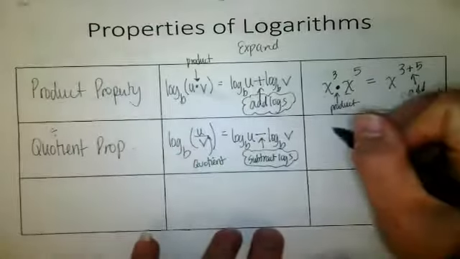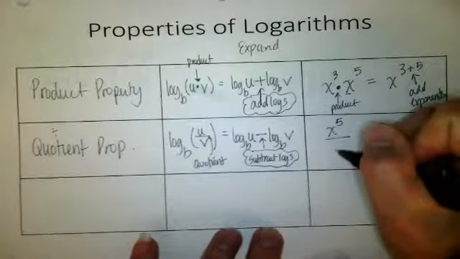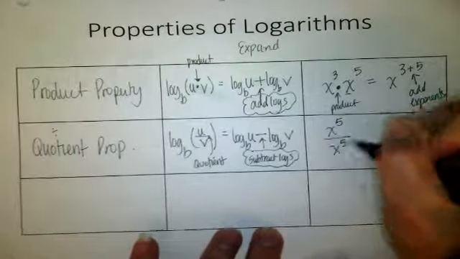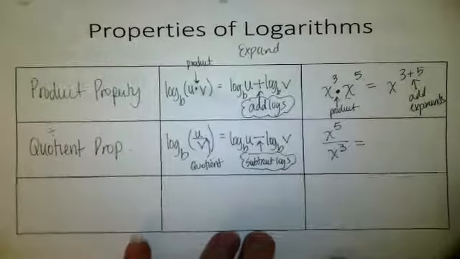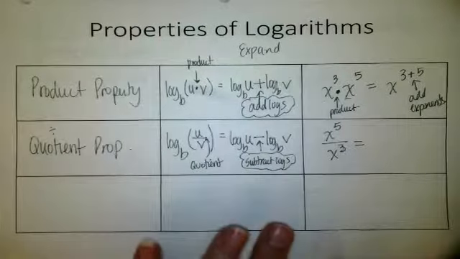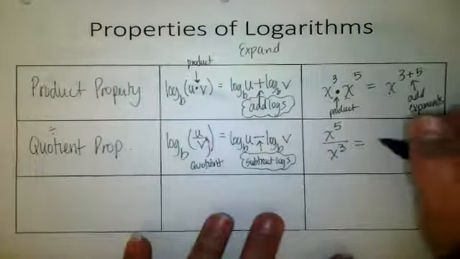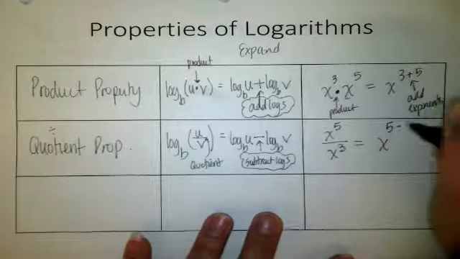And again, it's related to x to the fifth divided by x to the third. If things had the same base in a division problem, in a quotient, what do we get to do to the exponents? Subtract them. X to the top minus bottom.